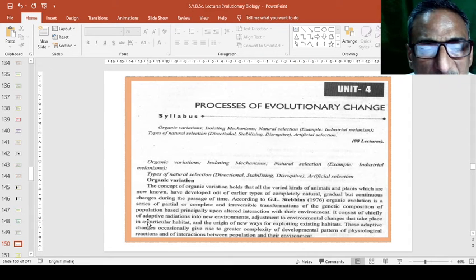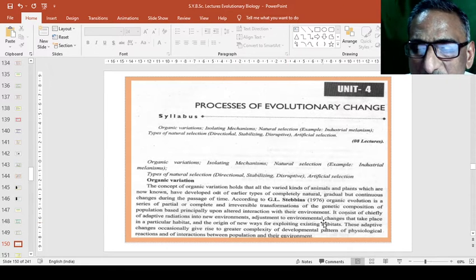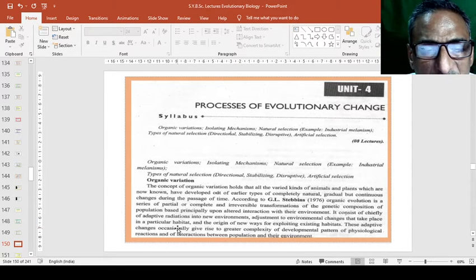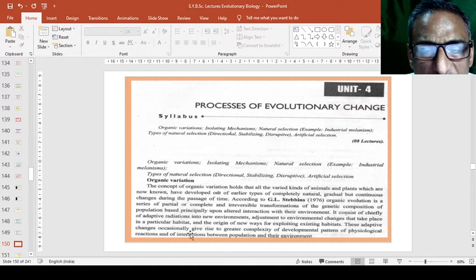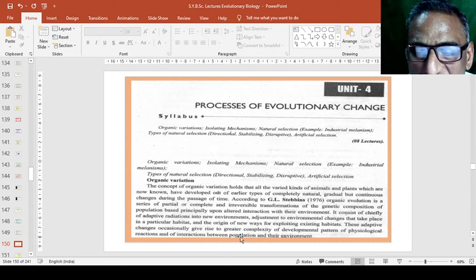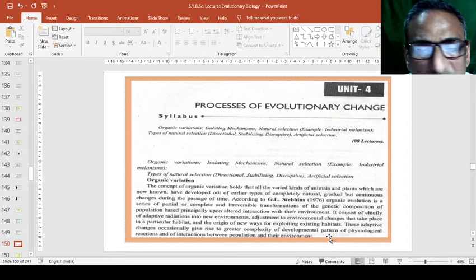It consists chiefly of adaptive radiations into new environments, adjustment to environmental changes that take place in a particular habitat, and the origin of new ways of exploiting existing habitats. These adaptive changes occasionally give rise to greater complexity of developmental patterns, physiological reactions and interactions between populations and their environment. So this is nothing but organic evolution.